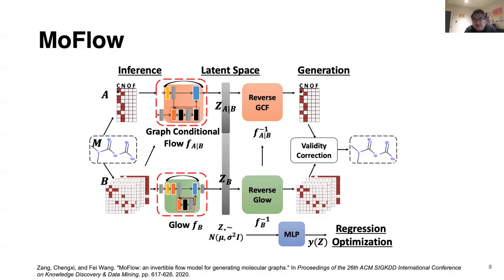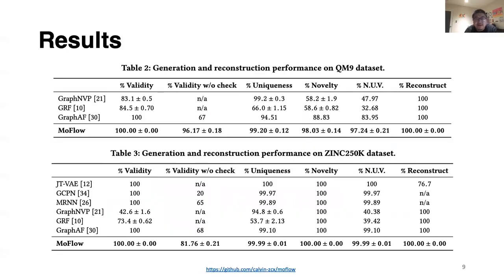And for the generation process, it is the inverse transformations of previous operations followed by a validity correction procedure, which ensures the chemical validity. And for regression and optimization, the mapping between the latent space and molecular properties is used for molecular graph optimization and property prediction. And this is the result.